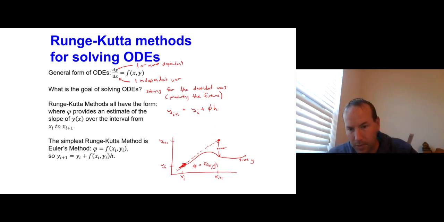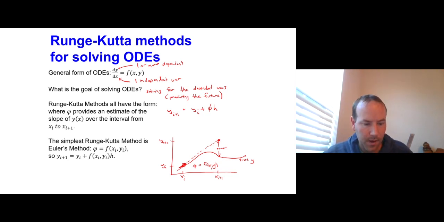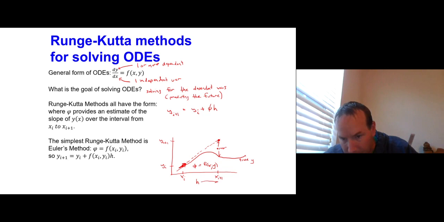So basically we're just using the current slope, projecting out and assuming it's a straight line for a while, and getting to this point, and then there's going to be some error associated with that. Also, let me make an additional note that this is the step size, the difference between x_i and x_{i+1}.